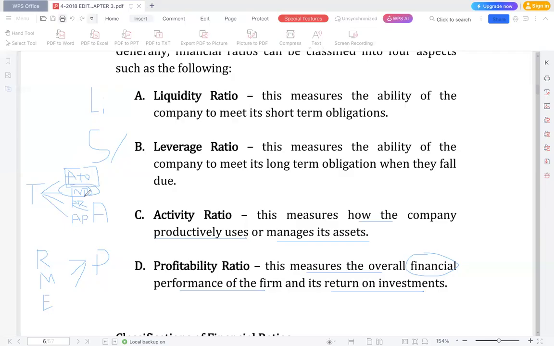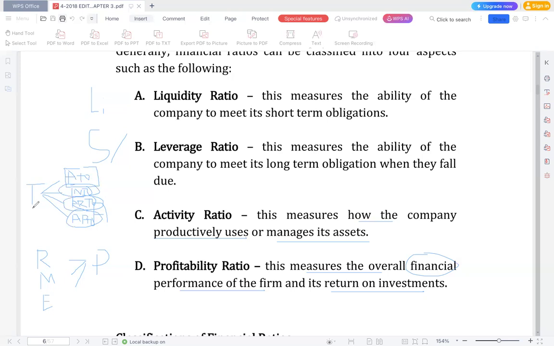On the other hand, AR turnover, ARTO, provides how fast the firm will collect its receivable from the client or customer. While AP turnover shows how fast the firm pays its accounts payable.